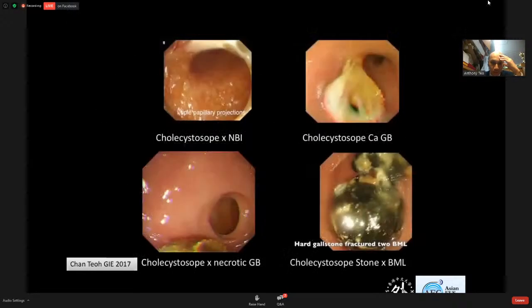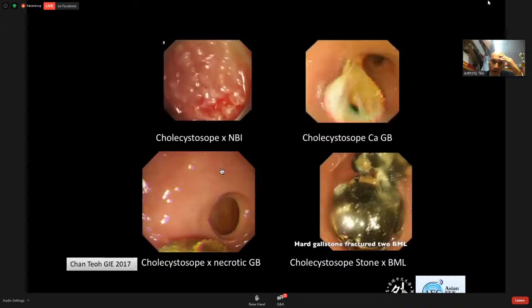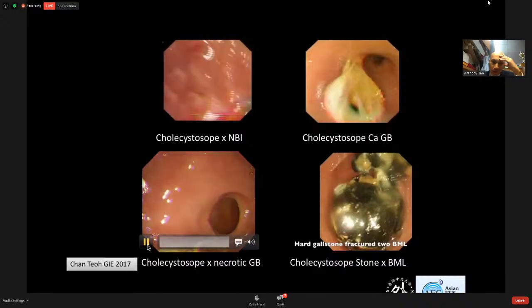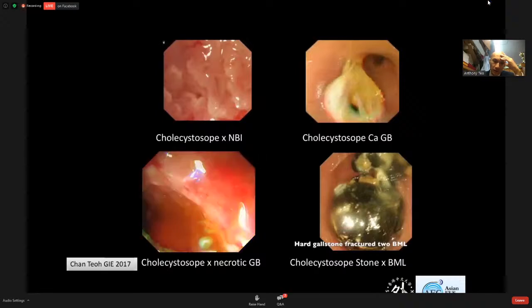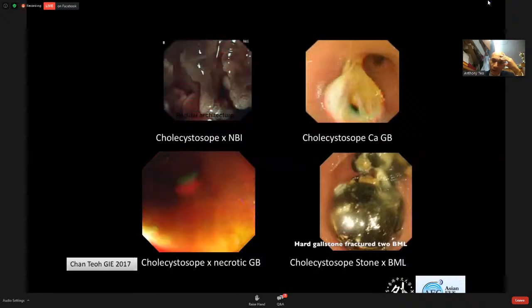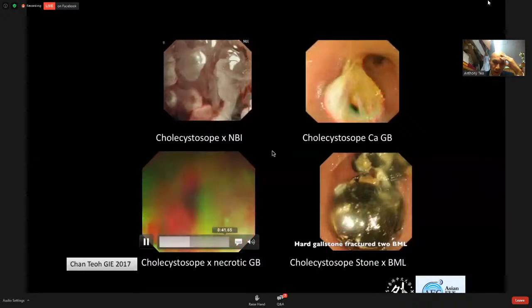And these are just some images from the cholecystoscopy. You can see multiple papillary projections inside the gallbladder. This is a patient with a necrotic gallbladder. I think the patient had suffered from a very severe cholecystitis, so you can see a lot of necrosis inside the gallbladder.